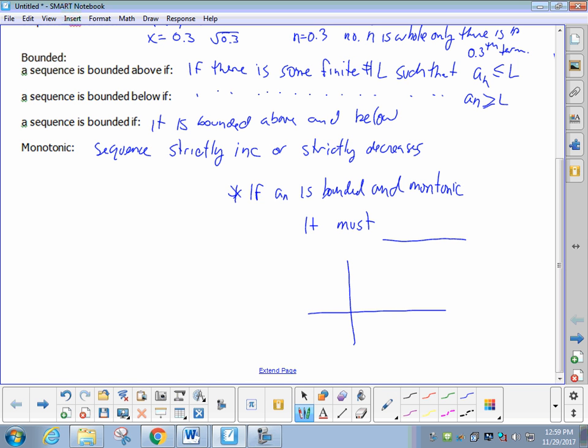If I had terms that were bounded, so there was an upper and a lower limit, but they were only, say, increasing, then it must approach a number, as opposed to the sine that is bounded but not monotonic. It doesn't have a limit that it approaches, right? But if a function is bounded and monotonic, it must approach a number or get closer and closer to a number, which is to say it must converge.